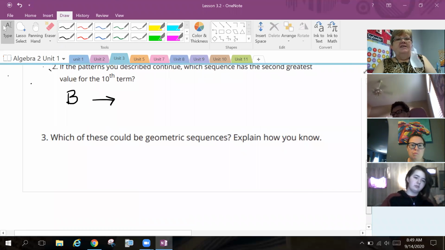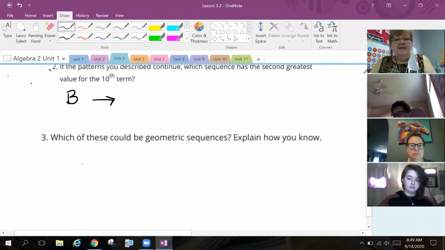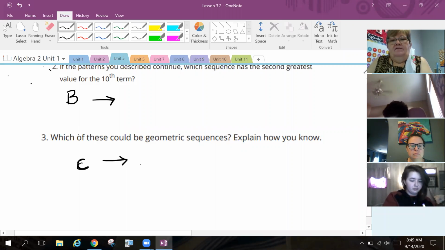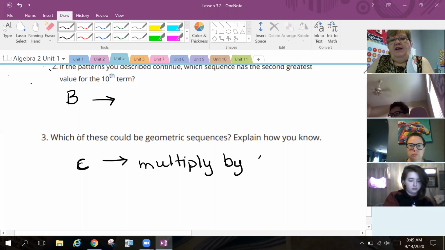Then they ask us which one of these is geometric and how do you know? C is geometric. And how do we know it's geometric? Because you're multiplying by what? By 2.